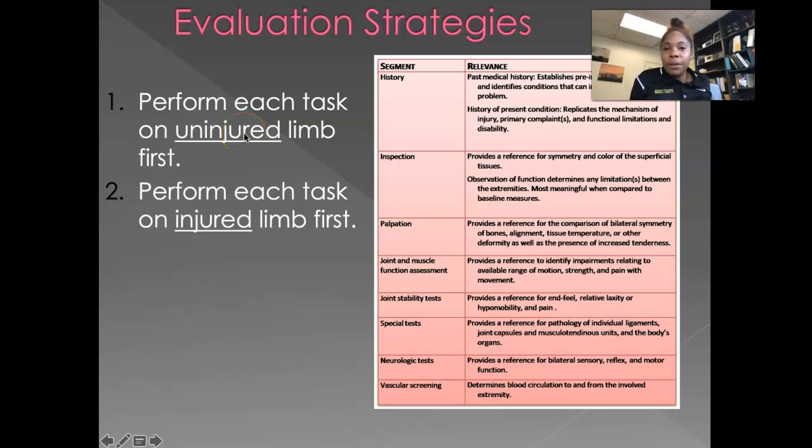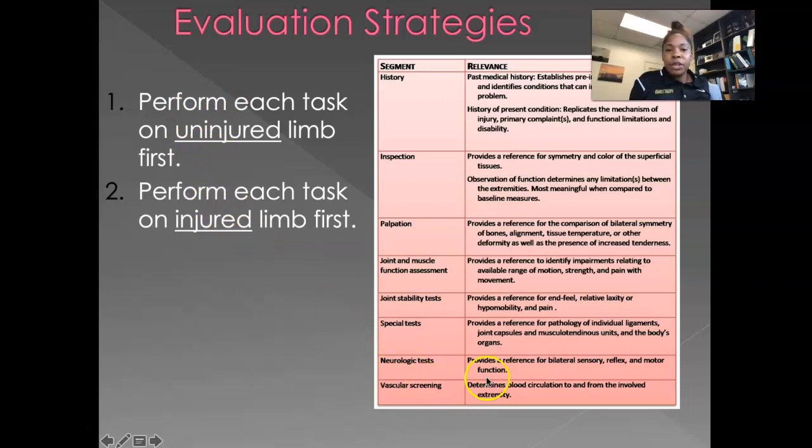And then it allows our patient to grow in confidence, right, as we begin our evaluation technique with our patient. Second, we should perform each task on the injured limb after performing the task on the uninjured limb. So this should not say first, it should say second, right? Want to perform each task on the uninjured limb first and then proceed to the injured limb.